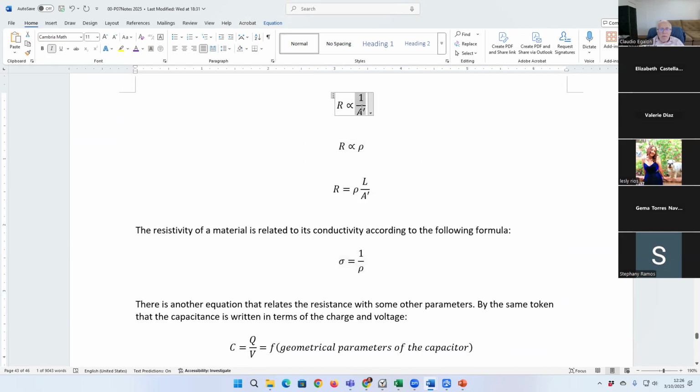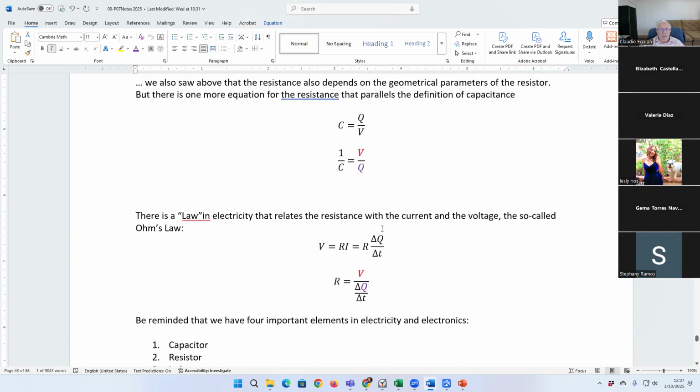It's inversely proportional to the area. The larger the diameter of your wire, the easier it is for the electrons to go through the wire. Consequently, the resistance is going to be lower. Okay? That's what you have to memorize.